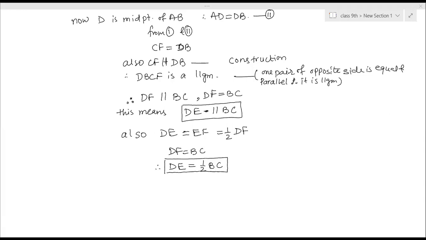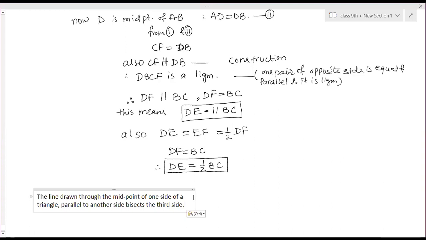Here one midpoint is given, the line is given parallel, and the second midpoint is not given. Earlier, D and E both were midpoints, and you proved the lines are parallel. Now they have given D is midpoint, DE is parallel to BC is given, and you have to prove E is midpoint of AC.